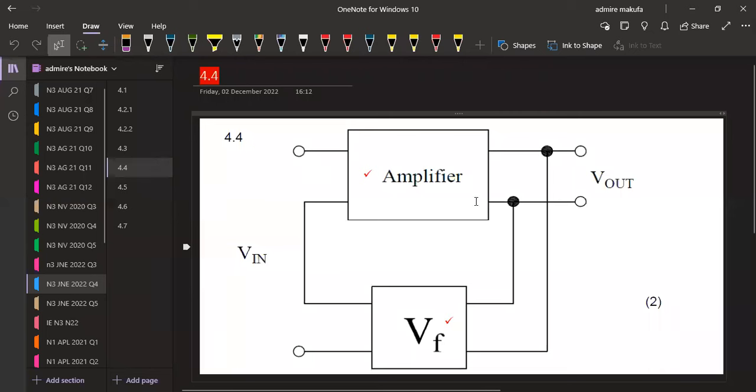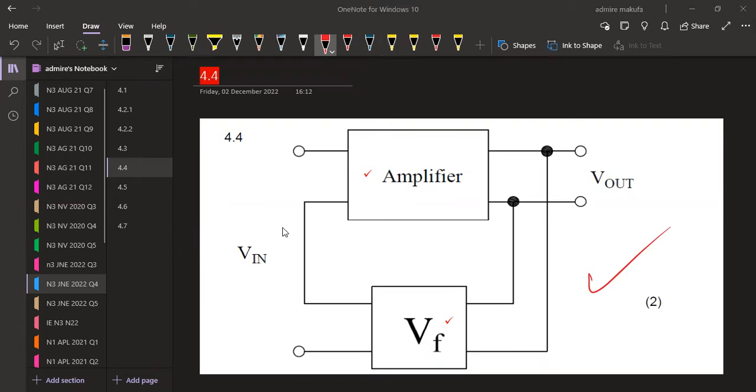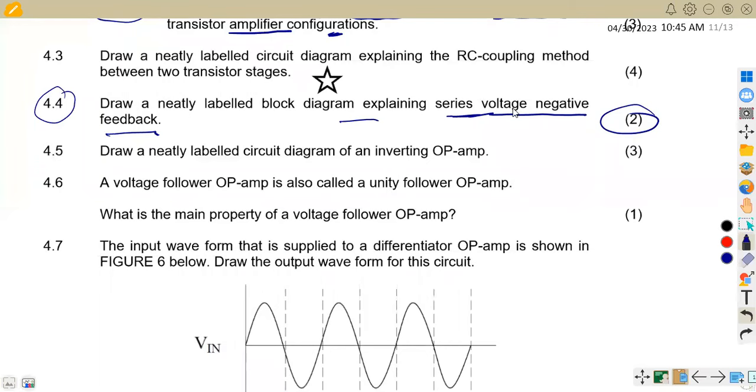We are given an amplifier with the voltage V in and the VF, and we've got V out, which is the output. With this, we can have our 2 marks. So that was our question on drawing a series voltage negative feedback.